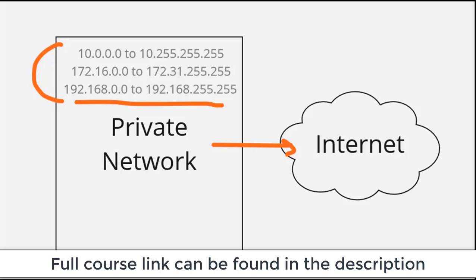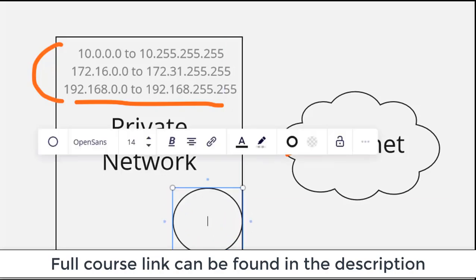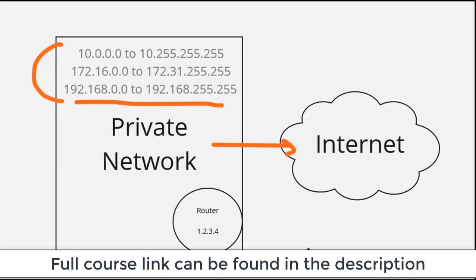And the thing that typically makes that possible is a router with network address translation. So let's add a router to our diagram, and I'm going to give this router a public IP address. I'm just going to make it 1.2.3.4 to keep it really simple.